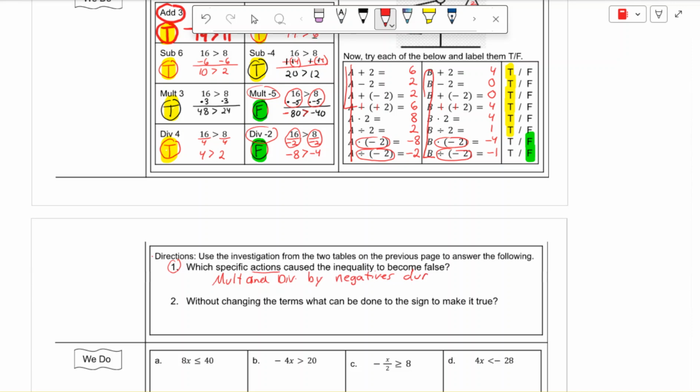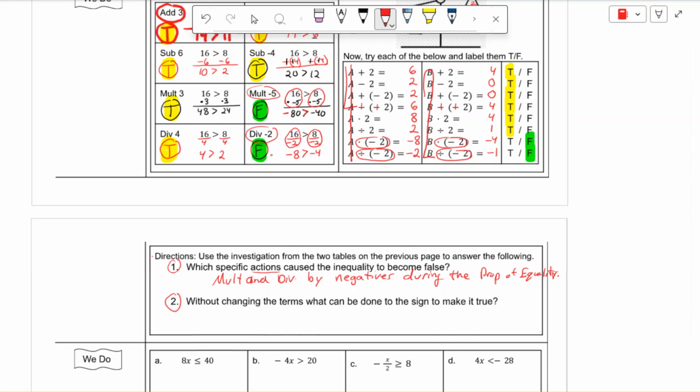During the property of equality. Number 2. Without changing the terms, what can be done to the sign to make it true?